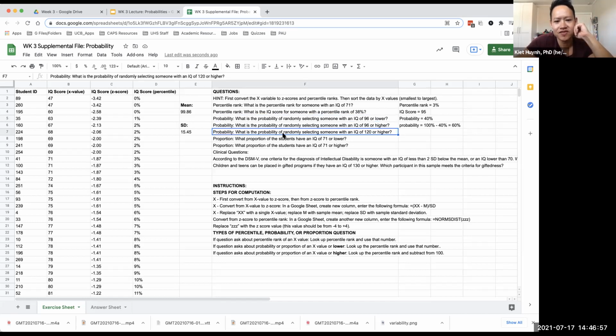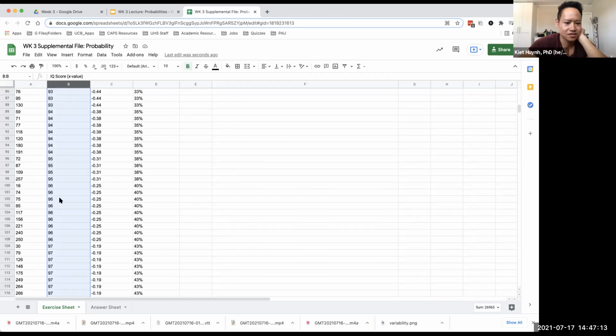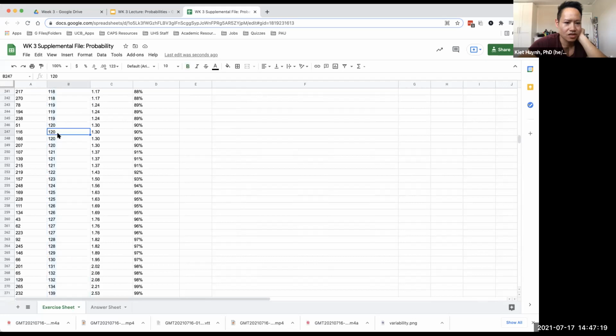Okay, what is the probability of selecting someone with an IQ score of 120 or higher? So again, for or higher, we look up the percentile rank and subtract it from 100. So look up IQ score 120. It's 90%.